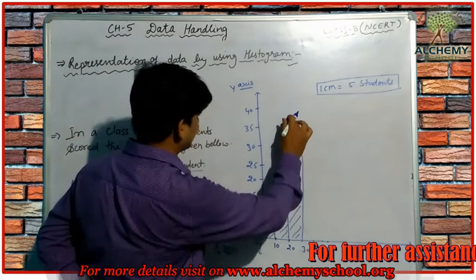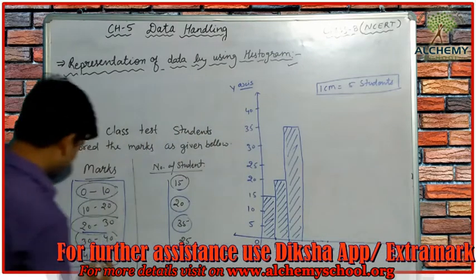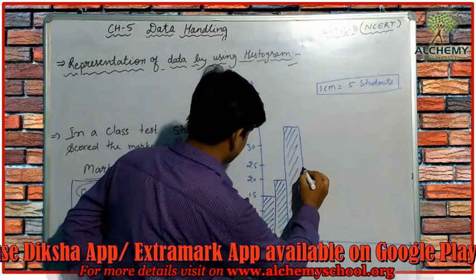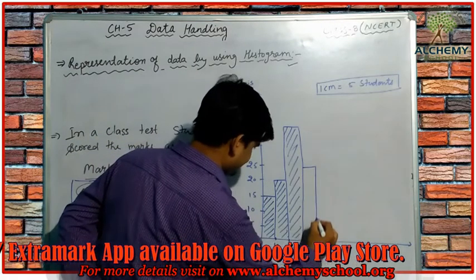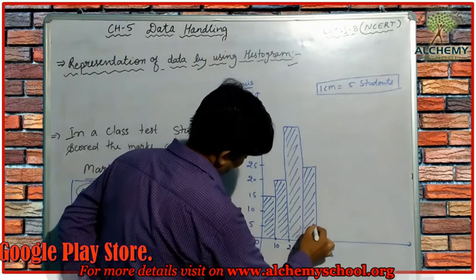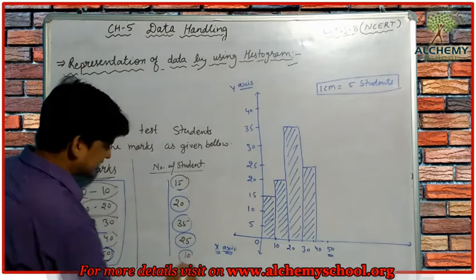So this is the number of students who got the marks between 20 and 30. Now 30 to 40, 25 students, so here it is 25. 40 to 50, there are 10 students.